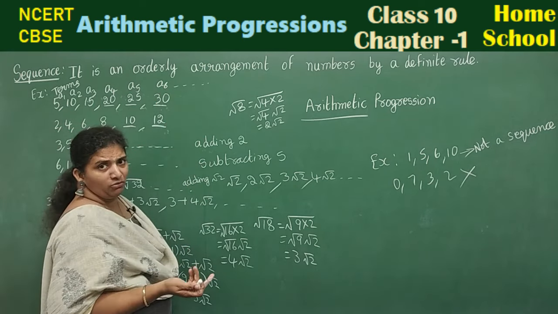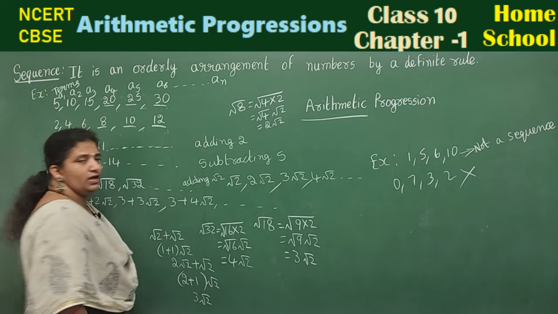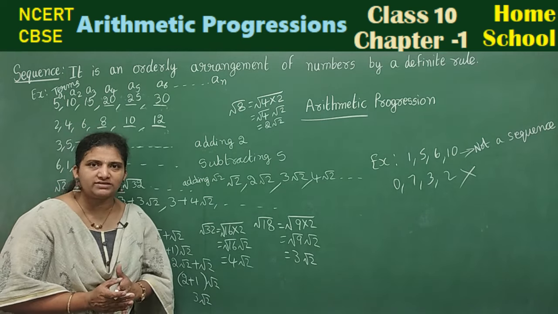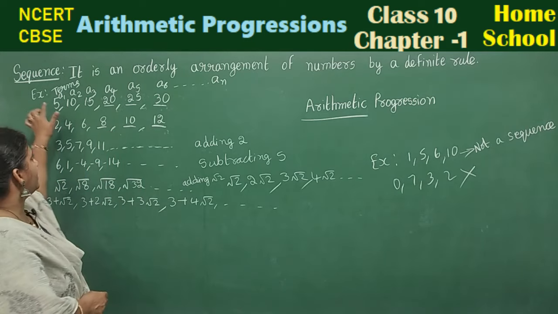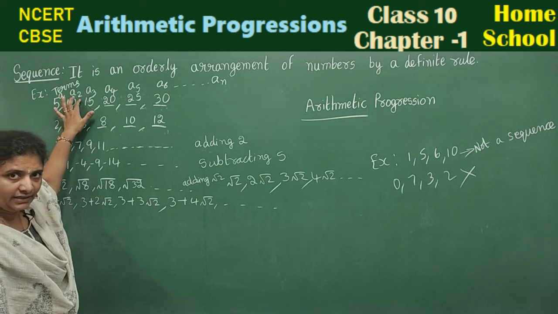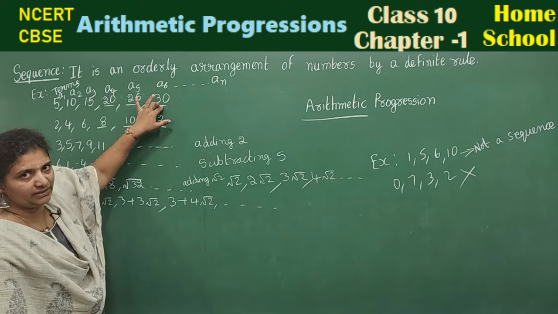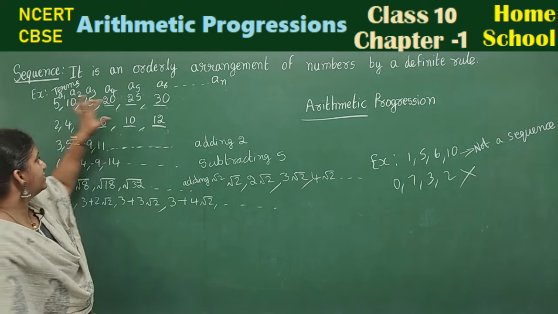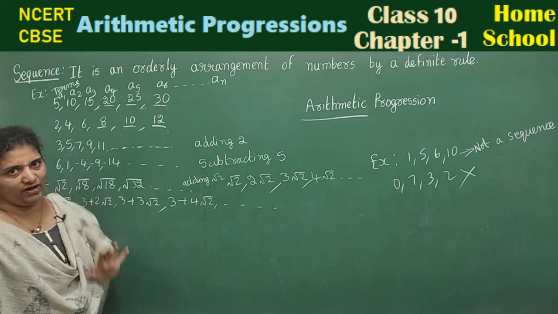Where it ends we don't know, so up to AN. The numbering of a sequence is given by using terms.